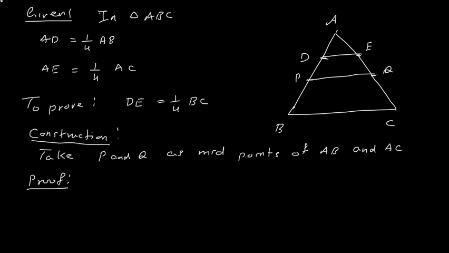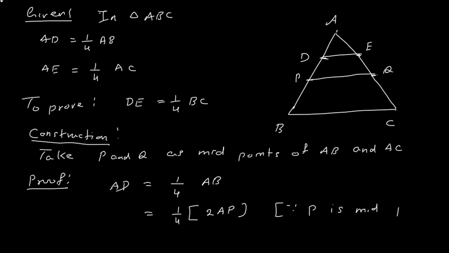How will you show it? Here I will say that AD is equal to 1/4 AB. Now AB is 2 times AP, since P is the midpoint of AB.